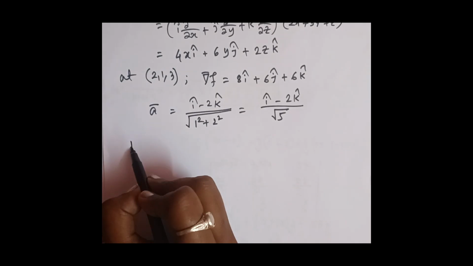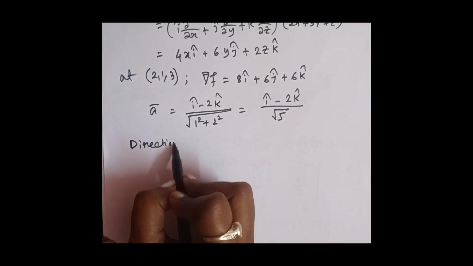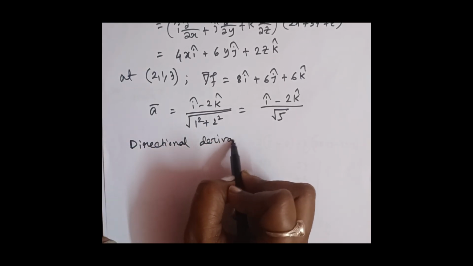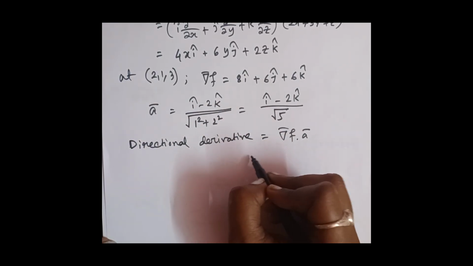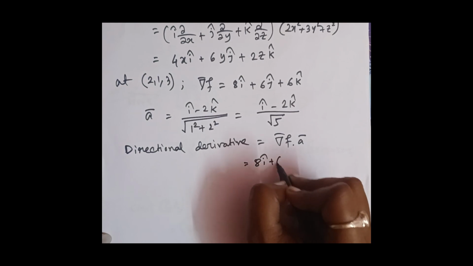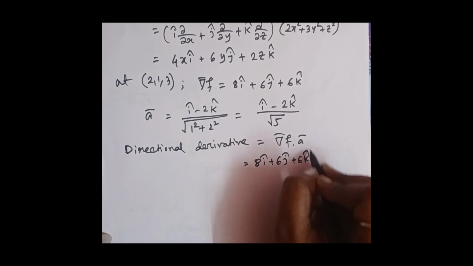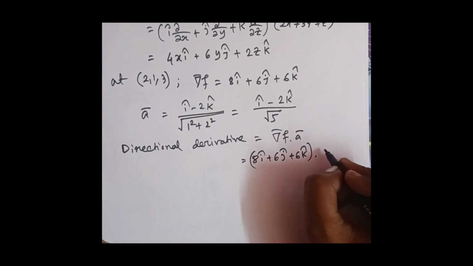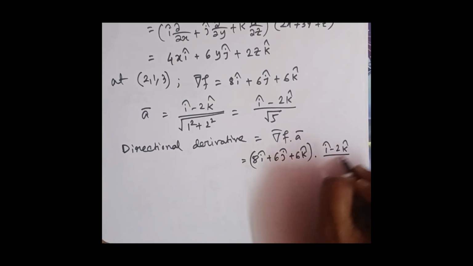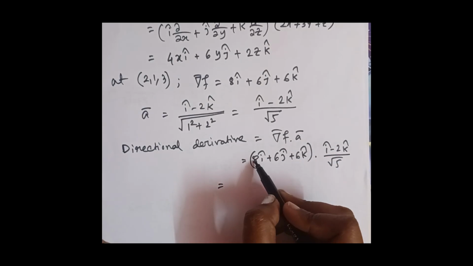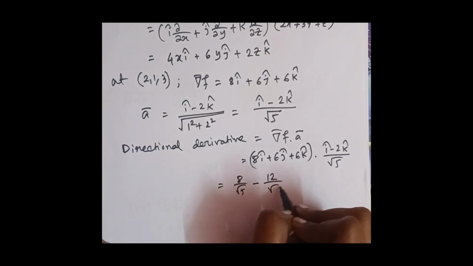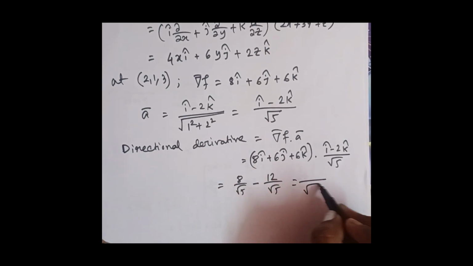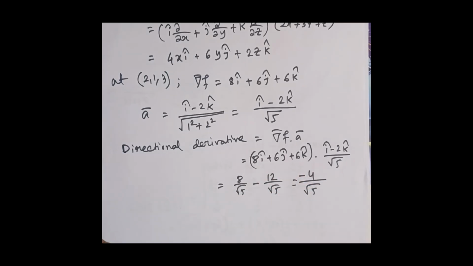Now the directional derivative is equal to grad f dot a vector, that is (8i plus 6j plus 6k) dot product with (i minus 2k) by square root of 5. So 8 by root 5, j is not there, minus 12 by root 5, that is minus 4 by root 5.